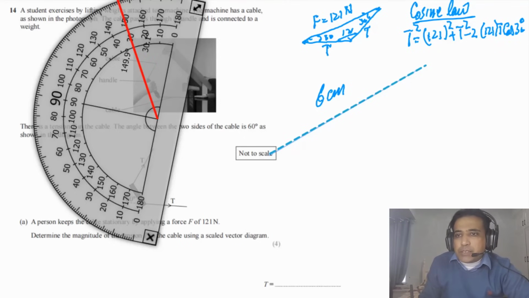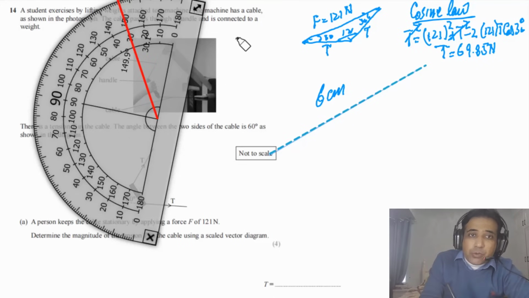From here you can see this T square will be cancelled with this one. If you solve for T, you will get the value of T equal to 69.85 newtons. Based on our scale, we have around 70 newtons.